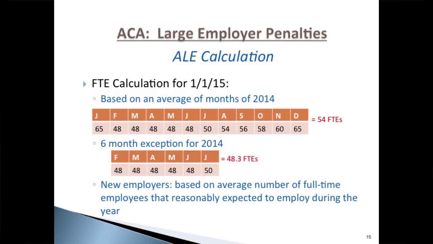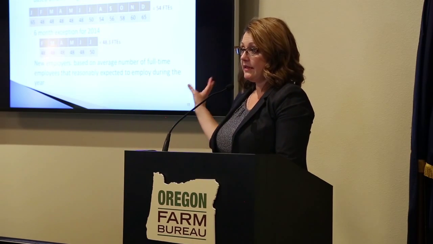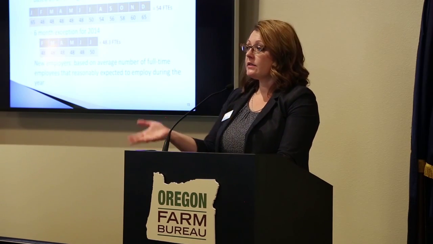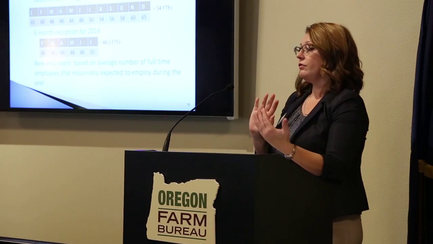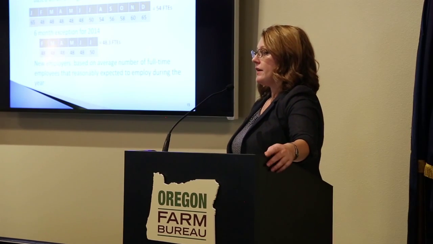In 2014, when people were determining if they were a large employer or not for 2015, there was a 6-month exception where you only had to look back at any contiguous 6 months in 2014. And so I had a lot of employers that made good use of that 6-month exception for the snapshot on 1/1/15, because if you're an agricultural employer, you just choose the 6 months where you had the fewest number of workers, and you could get out of being a large employer for 2015.